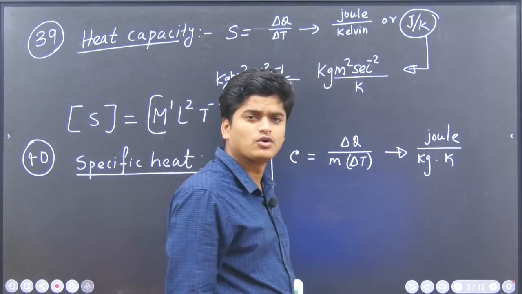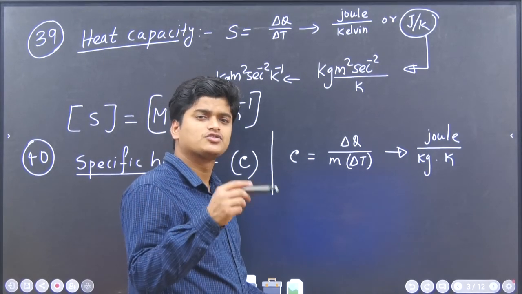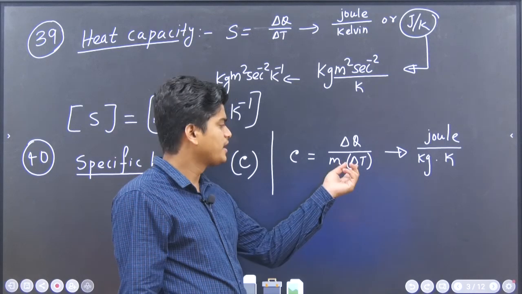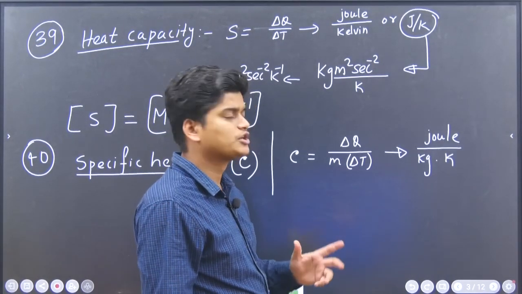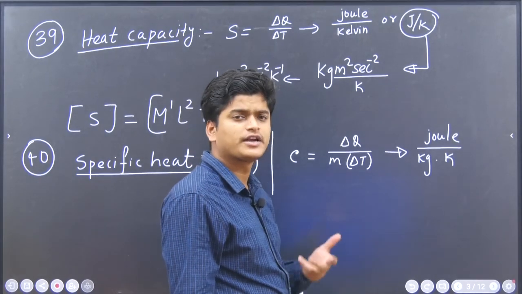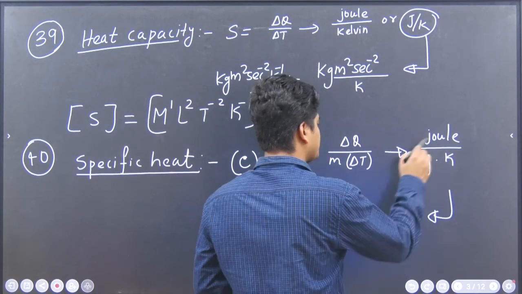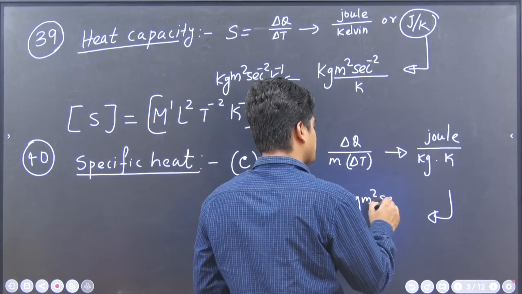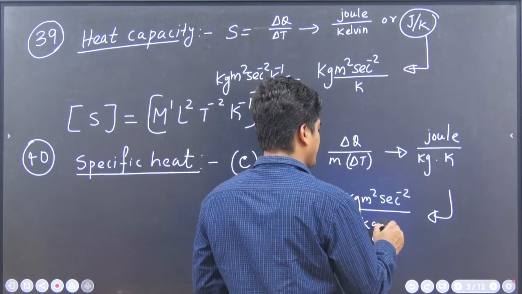Already I told you, whenever a physical quantity and its change are there, both have the same unit. Like the temperature unit is Kelvin and a change in temperature is also Kelvin. Length unit is meter, so a change in length also has the unit meter. Now here, joule will be kg meter square second to the power minus 2 divided by kg Kelvin.